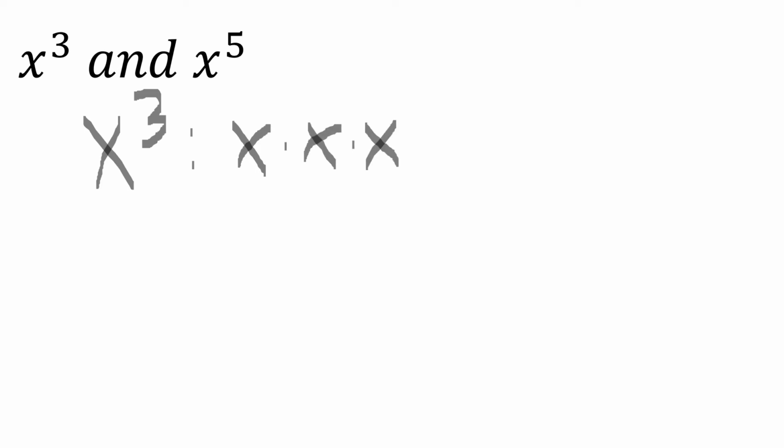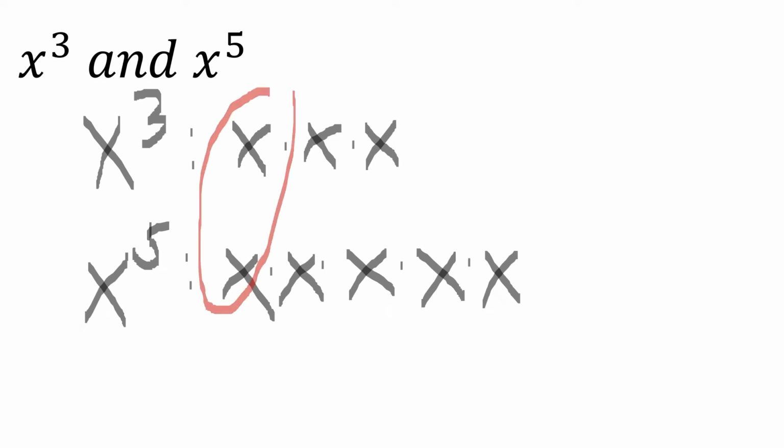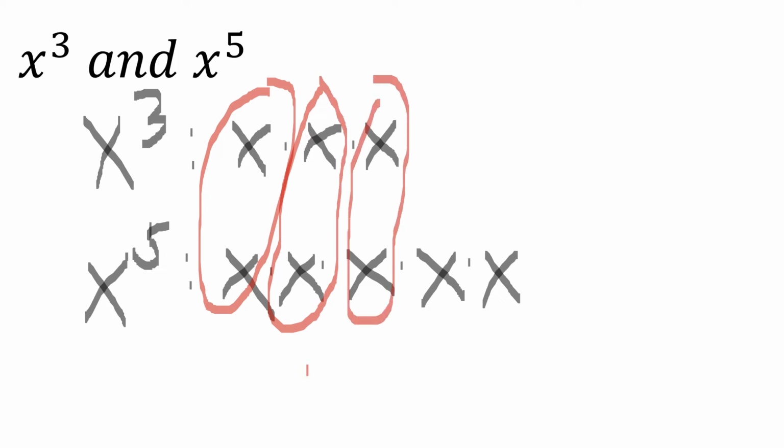Okay, how about x to the fifth? How many times x will be used as a factor? Okay, so from there, how many are common? 1, 2, 3. So our GCF for this expression is x cubed.